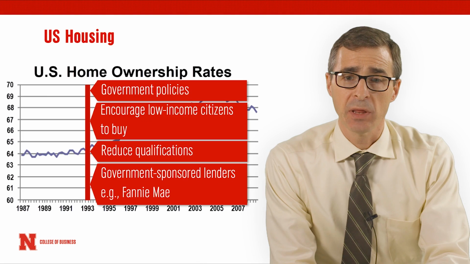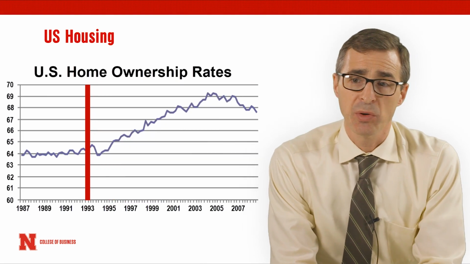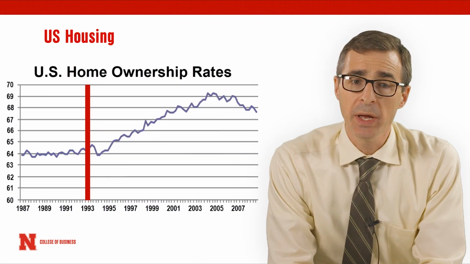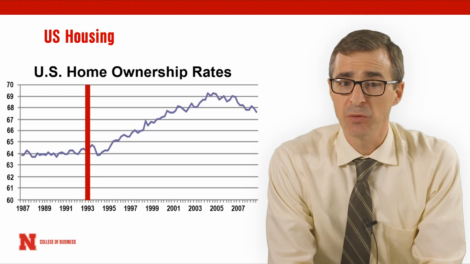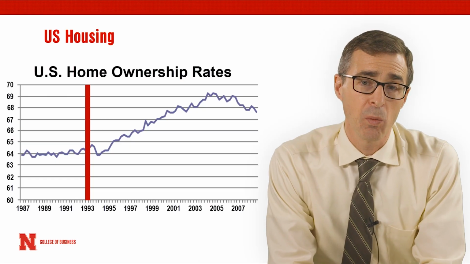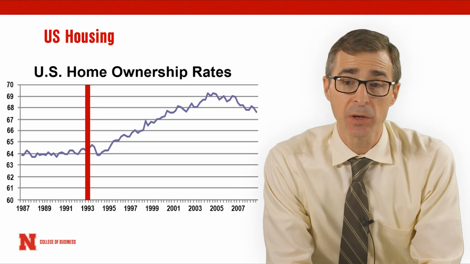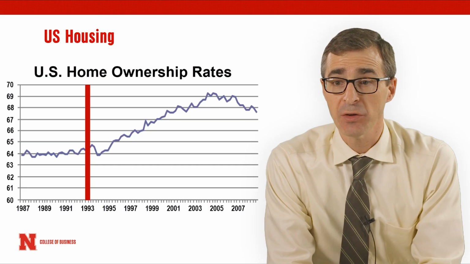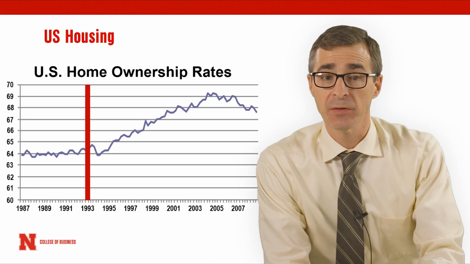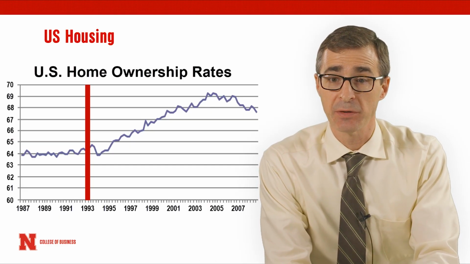We can see, if we line this up with the prices of houses, that that was one piece of the puzzle. That was one aspect or one event that may have contributed to the increase in housing prices in the United States that started roughly that period of time.